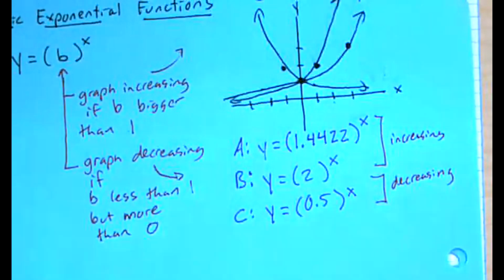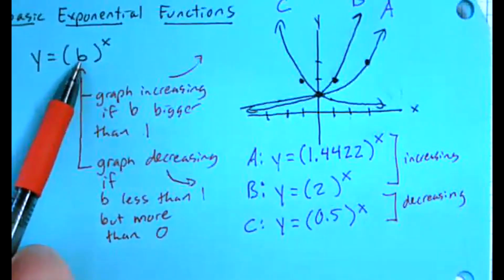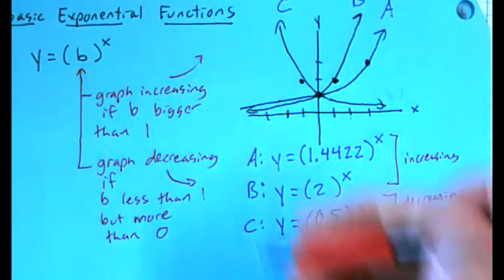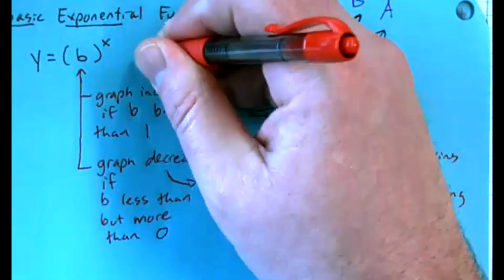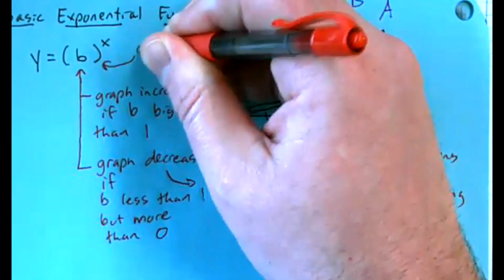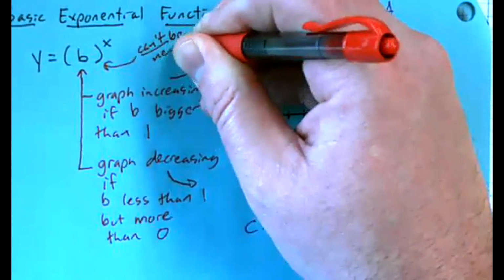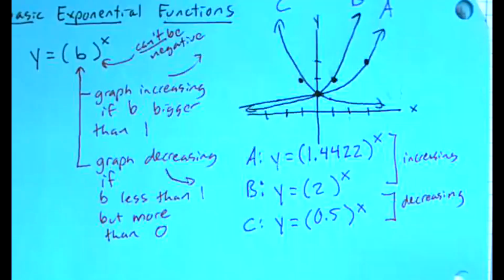But if I put a 0 in here, that's not going to work. That breaks it. If I put a negative number in here, that doesn't work. In fact, let's make ourselves a note here that B can't be negative. Although somebody figured out you can put a negative on the X and that makes some weird things happen. We'll talk about that later on.